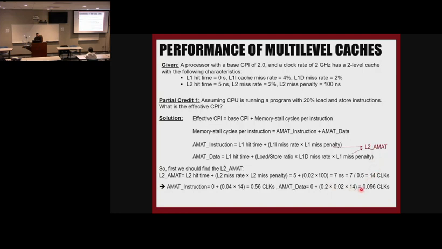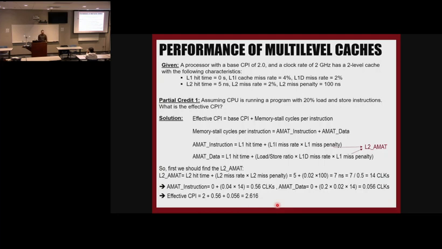If you do the math, you get 0.056 clocks. Now, if you want to find the effective CPI, you have the base CPI plus AMAT instruction plus AMAT data. And you get 2.616 clocks.